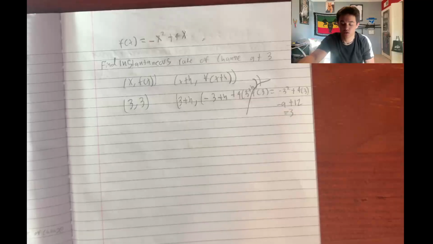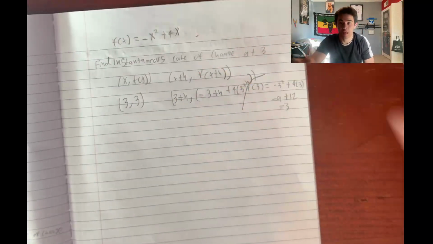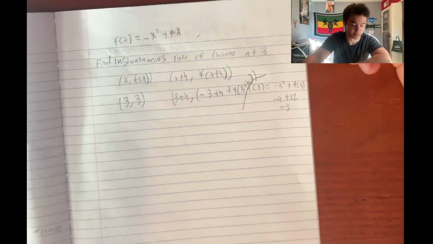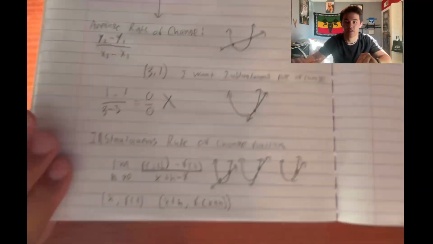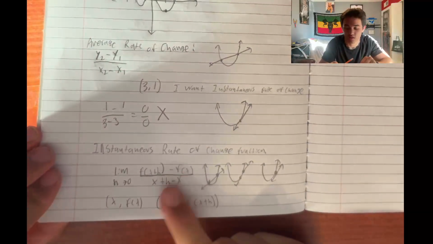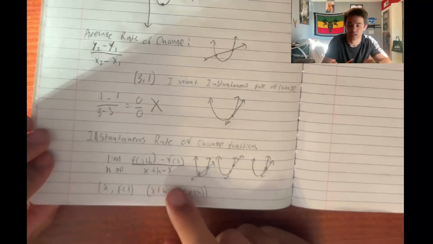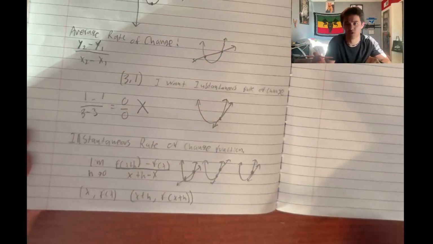So now we're just going to plug it in to our average rate of change, which is now our instantaneous rate of change since we're using the plus h. Let's take a look down here if we want to check it out again. It should be f of x plus h minus f of x over x plus h minus x. And then we can add the limit of h approaches 0, but we don't have to until the very end.